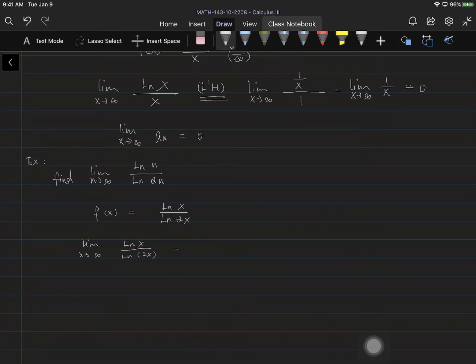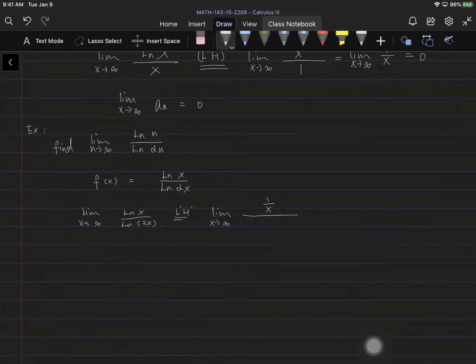And be careful here when we take the derivative. The top function is easy, it's just 1 over x, right? But the denominator derivative is 1 over 2x times 2. And here we use the chain rule. Chain rule, we learned this in Calc 1.